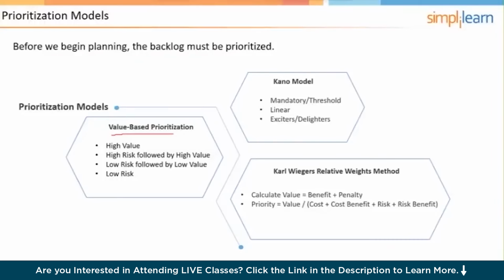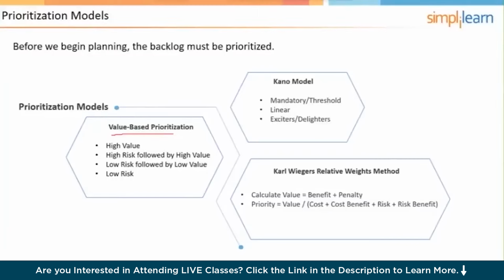And then there's Wiegers' relative weighting method. And this is all using numbers. So each feature is given a value for its benefit, and given a value for its penalty, meaning what's the pain if that feature or function is not included.